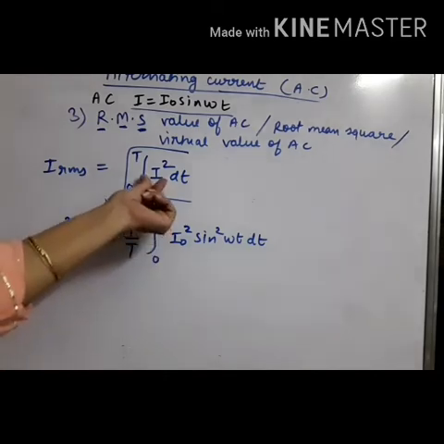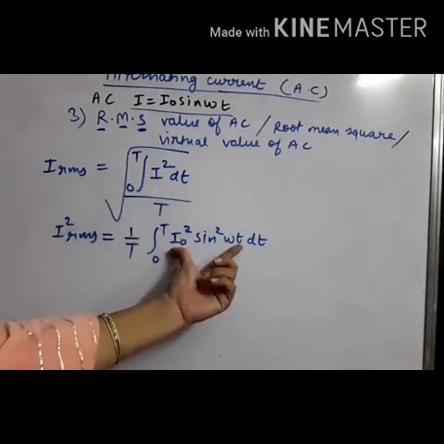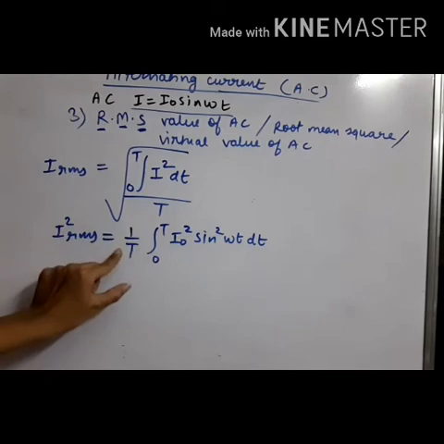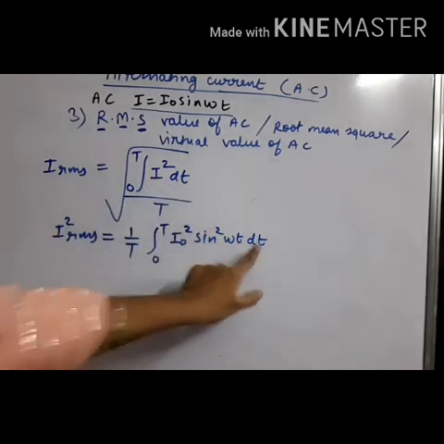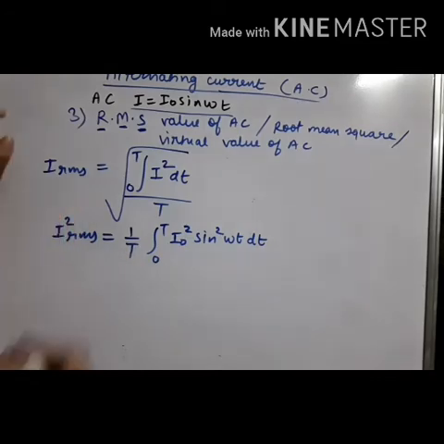What I have done is I have substituted the value of I this way. Now the solution of this integration may require extra formulas, so keep on noting down those extra terms separately.